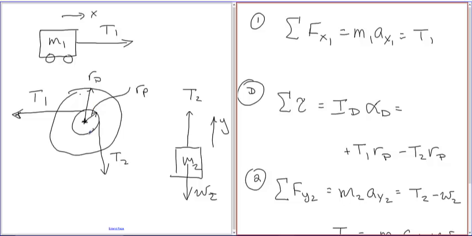But if you have a pulley that's attached to some kind of disc that has a moment of inertia, then T1 and T2 are not equal to each other. So that's one way they're related. And secondly, they're related by the fact that as long as this thread is not slipping, then the speed of the thread on the pulley is the same as the linear speed of the thread as it moves through space.